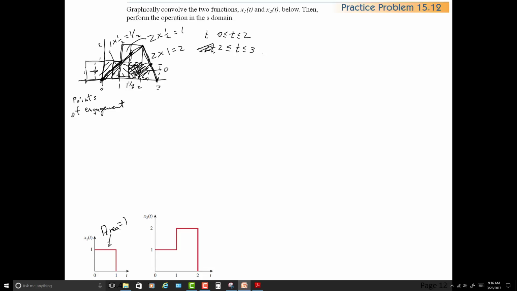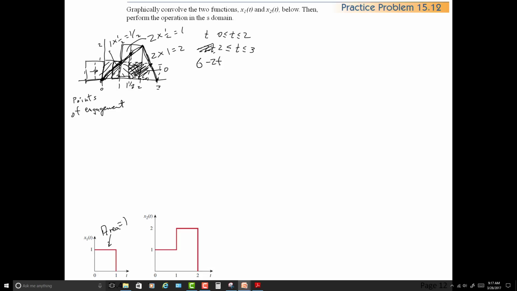The function has to be offset. So we know the slope is going to be a minus 2. So it'll be something minus 2t. And it has to be 2 when t equals 2, and it has to be 0 when t equals 3. So 3 times 2 is 6.